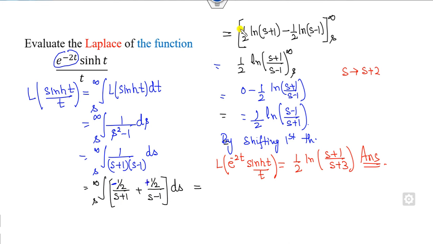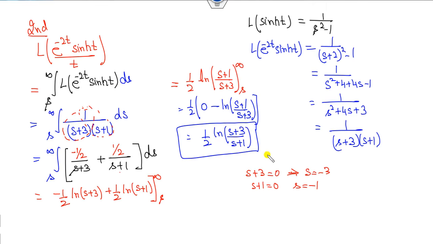So this number is my negative. So I can take this minus as a common. Minus minus plus. So there is no need of it here. Then I can replace s here. So it is (s plus 3) and (s plus 1). That is the partial fraction. That's my mistake. So you can see from both sides you will get the same answer.